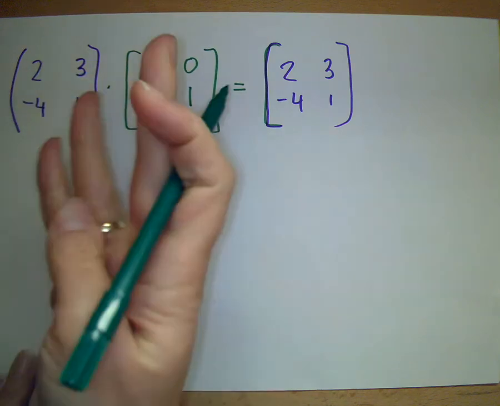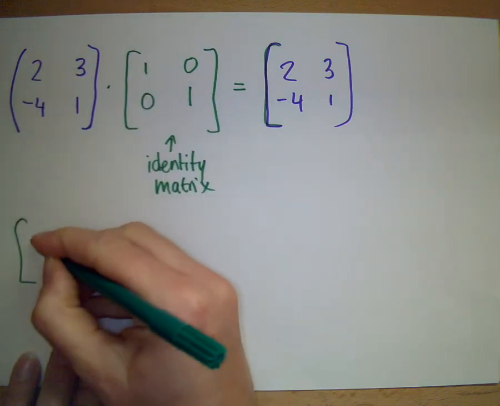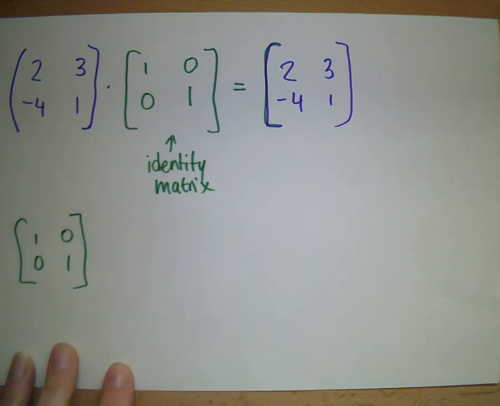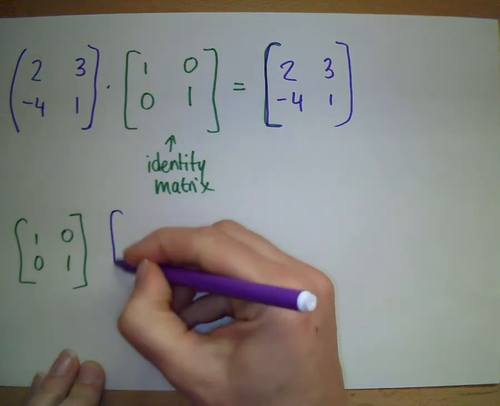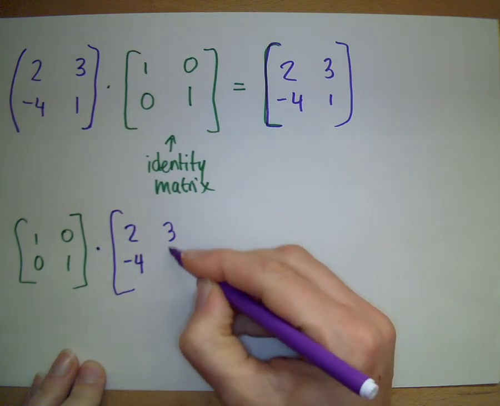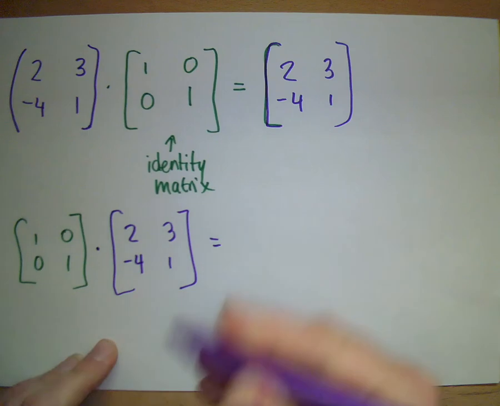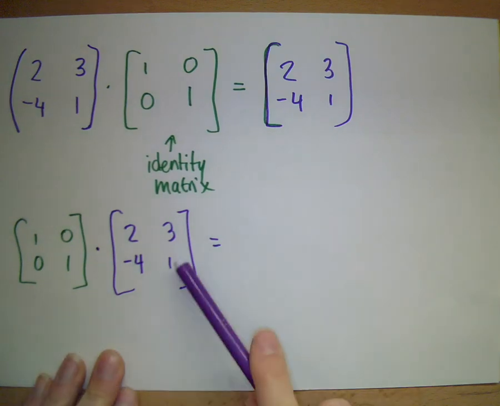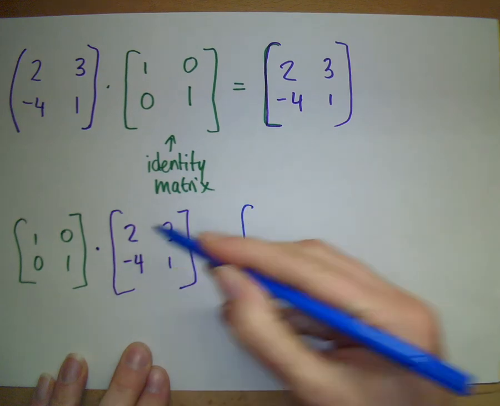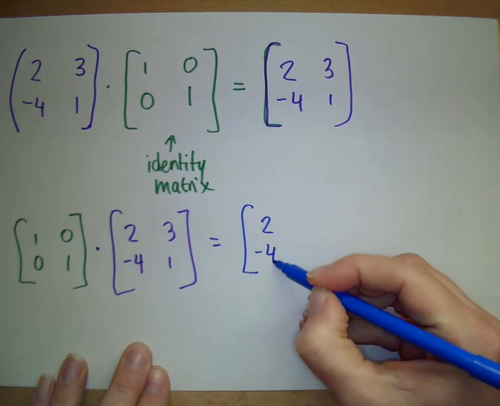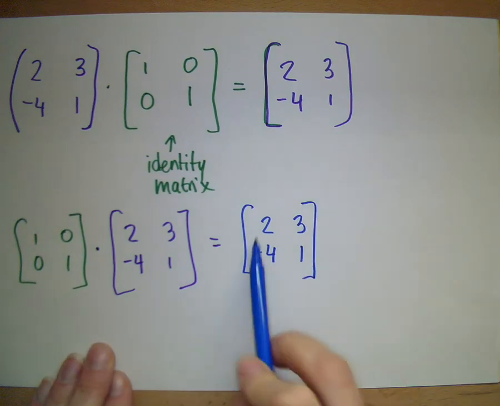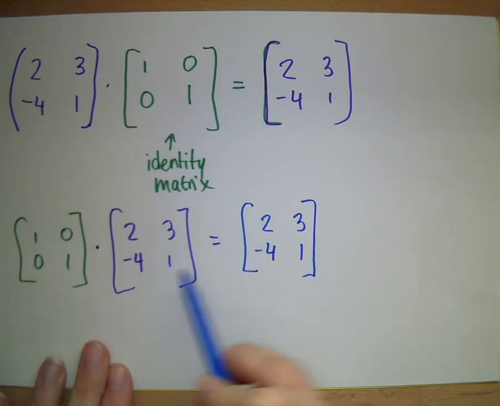If we switch these two and we say we're going to do 1, 0, 0, 1, the identity matrix, and multiply it by 2, negative 4, 3, 1, our answer is still going to be the matrix that is not the identity matrix, right?